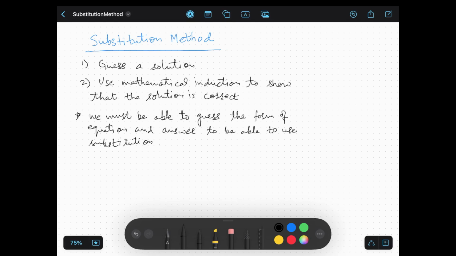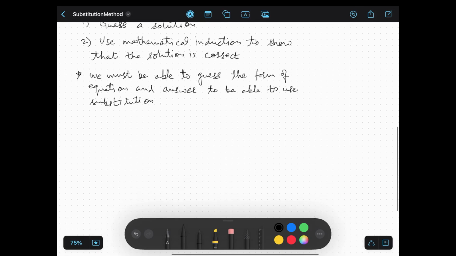The important part is we must be able to guess the solution, which is not easy. With experience and looking at different recurrences, you will be able to start guessing solutions slowly.